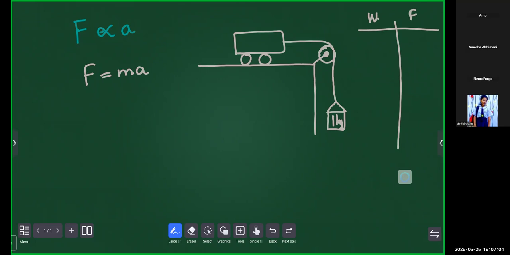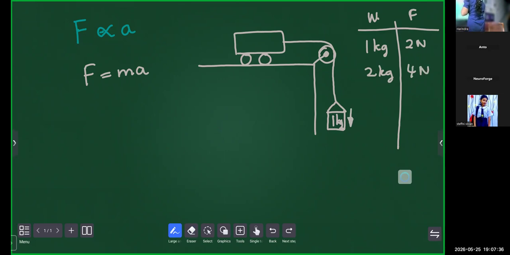If we apply 1 kilogram here, we can measure it's like 2 Newton applied this side, which means this is the force. Then 2 kilograms means 4 Newton.